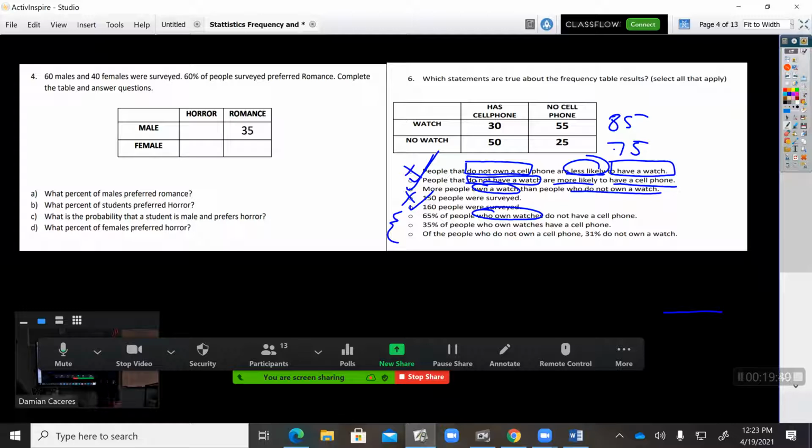It can't be 160, because my total has to be people who own watches. 85 is the total of people who own watches. So 65% of the people who own watches do not have a cell phone. So now let's go to own watches and do not have a cell phone. On watch, do not have a cell phone, is 55. Now, 55 divided by 85 equals what?